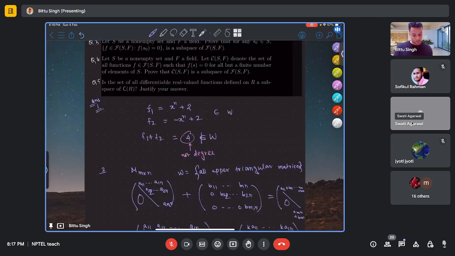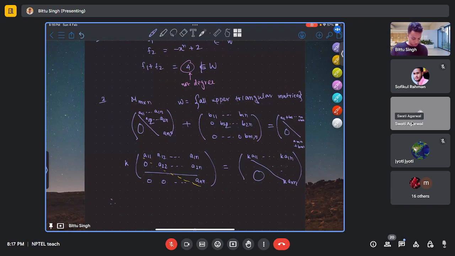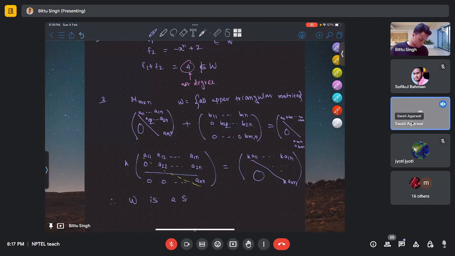So the second thing is true: W is a subspace. If we are saying W is a subspace, then it means that it belongs to the same space as the original space, right?